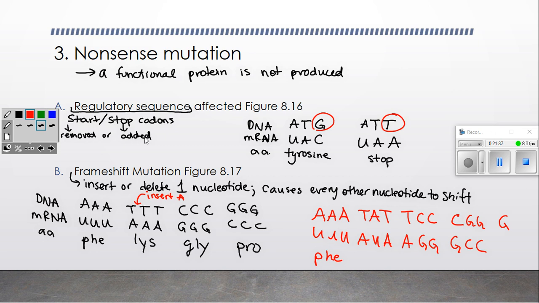I still get phenylalanine for my UUU. AUA is isoleucine. AGG is arginine. And GCC is alanine.